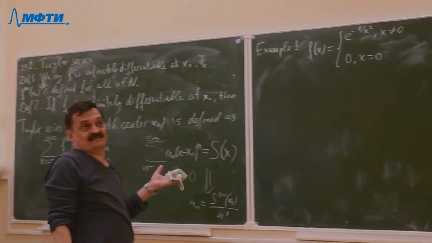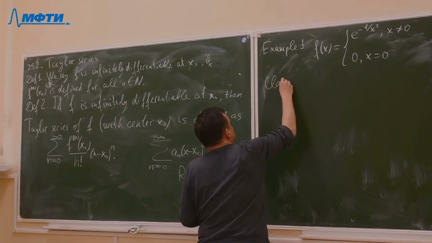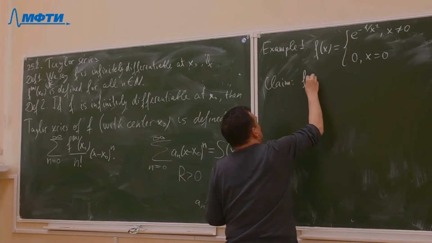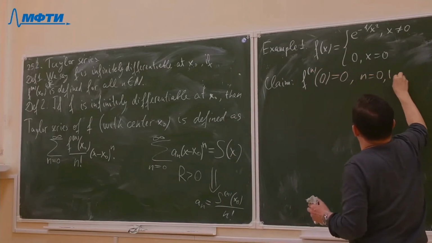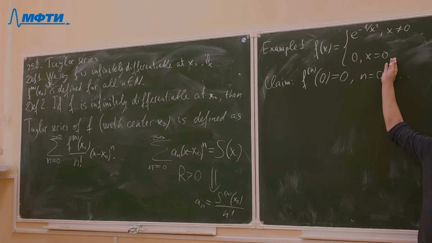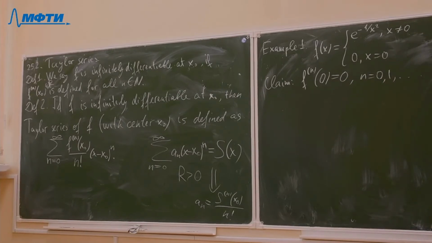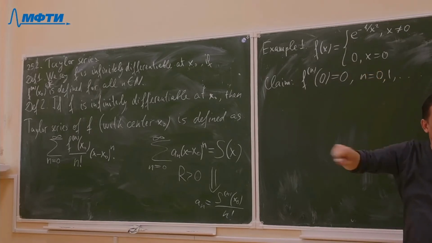The essence of this example is the following claim. Firstly, I want to explain the meaning of this example. We have a function. It is well defined. Obviously, this is not a zero function. In fact, it is zero only at one point, and it is not zero at other points.